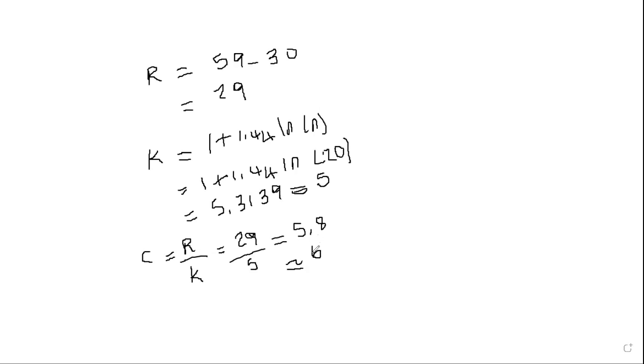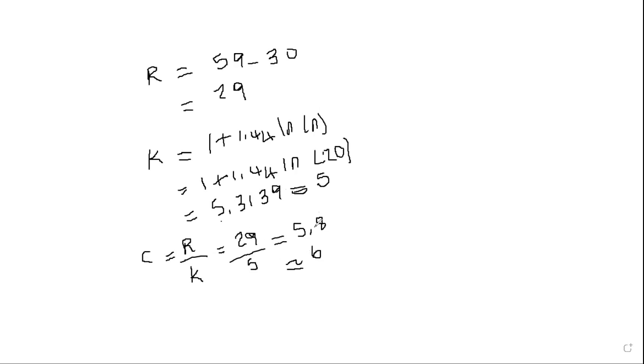So we already told you in the previous session that even if you got 5.31 here, let's say this 5.3139, we're just going to round it up to the next whole number for the value of C. It will also be 6. I hope you are getting my point.